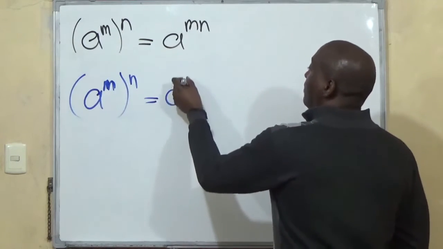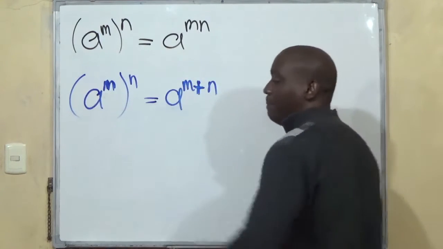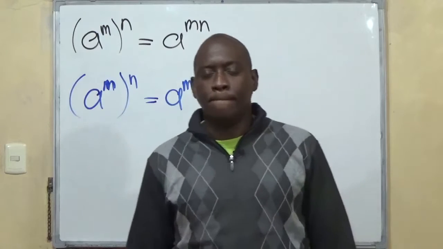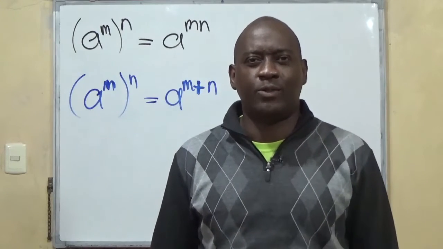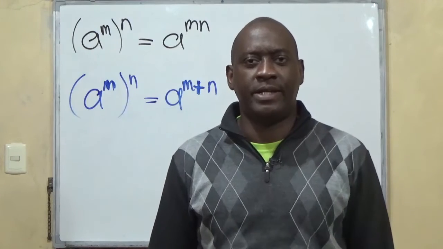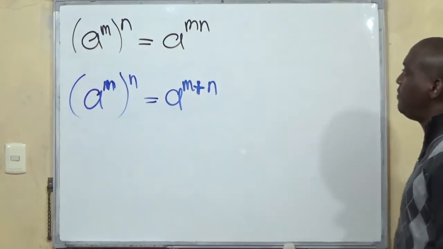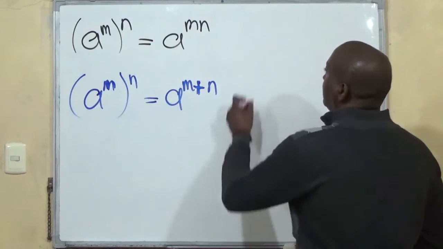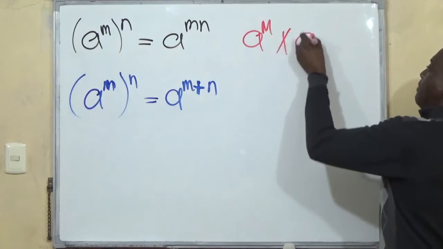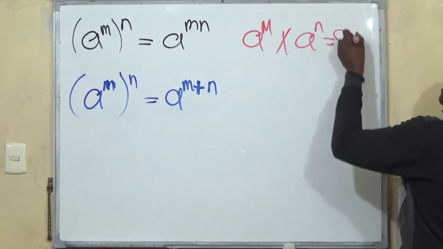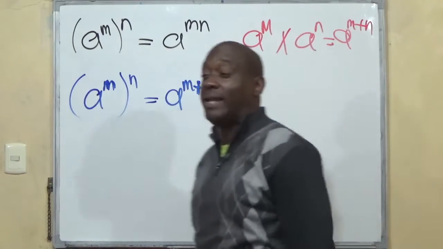They'll put a to the power of m plus n here. Problem. Don't make that mistake at all. This is not to be confused with a to the power of m multiplied by a to the power of n equals a to the power of m plus n. Don't mix them two up at all.